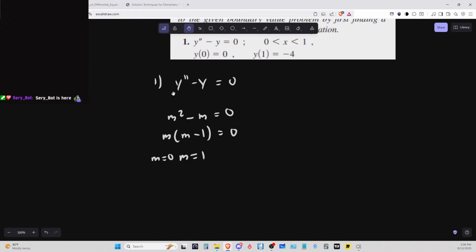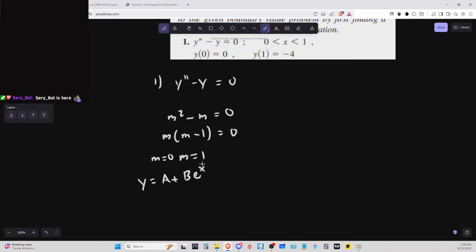So we have, well, technically we have 2 of these, so meaning we're going to have to make y equal a, well, technically it would just be a, and then plus b e to the x.